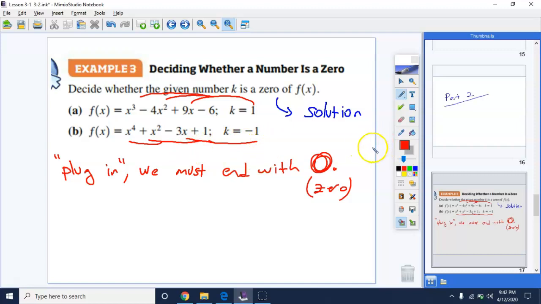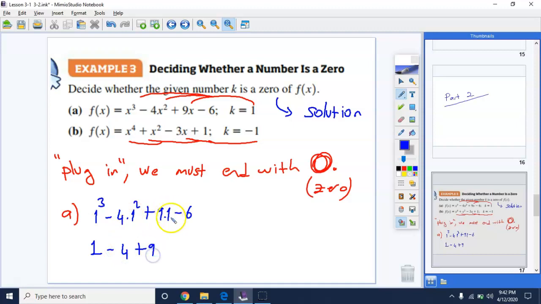Let's try that. Let's start with the first one. I'm going to solve A here. So let's plug in that 1. It should be 1 to the third power minus 4 times 1 squared, plus 9, minus 6 times 1. This is 1 anyway, this is 4 anyway, this is 9 and 6. So this part should be negative 3, and this part should be 3.